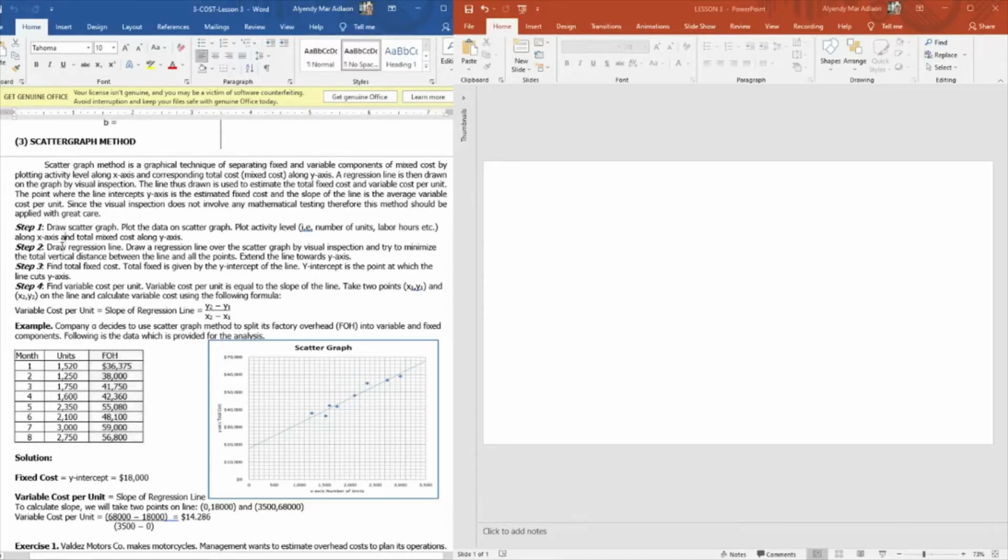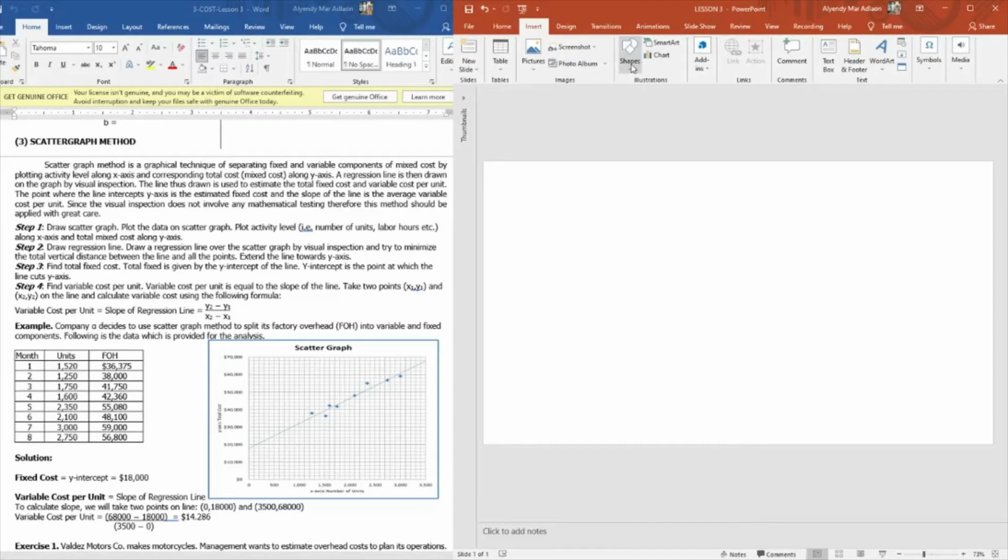Step 1 is to draw the scatter graph. Plot the data on the scatter graph: plot the activity level along the x-axis and the total mixed cost along the y-axis. So we are to first make a scatter graph. I'm just going to draw the y-axis.